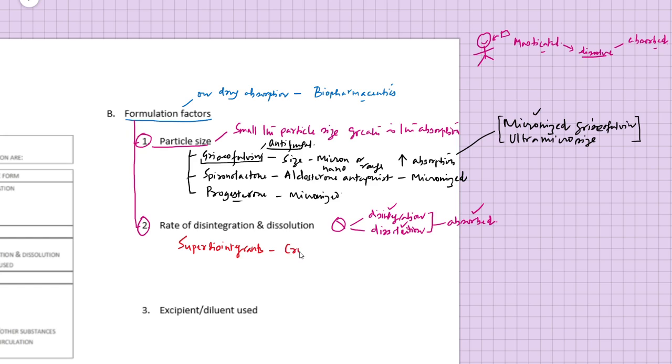There is croscarmellose sodium, and there is sodium starch glycollate, and the other familiar one is crospovidone. Okay. So these super disintegrants, these are basically excipients.